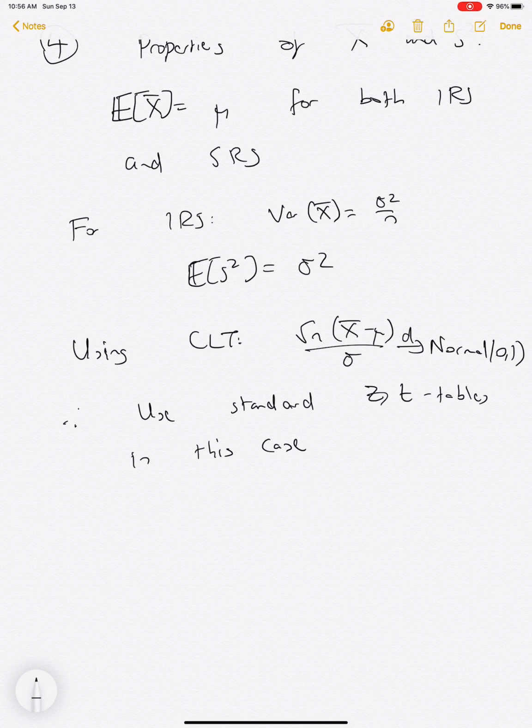And the other thing to note is big N, the population size, plays no role.